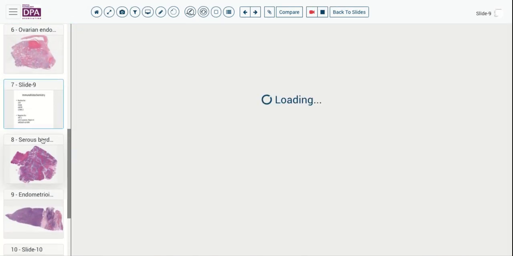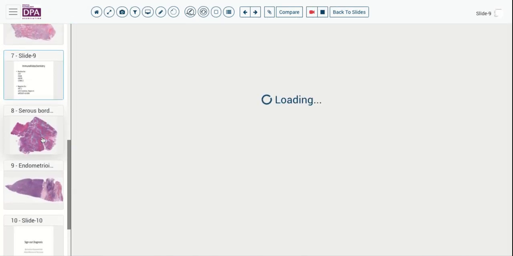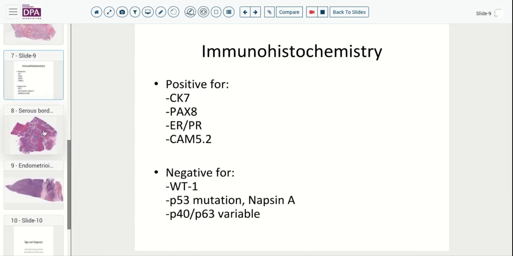Now, if we were to consider that, certainly these cells we would expect to behave like endometrium with CK7 positivity, PAX8 positivity, strong hormone receptor positivity. Of course, most of the keratins would be positive. And we would not expect to see WT1 or mutation markers for serous low-grade or high-grade lesions.